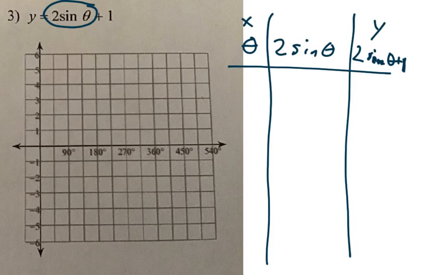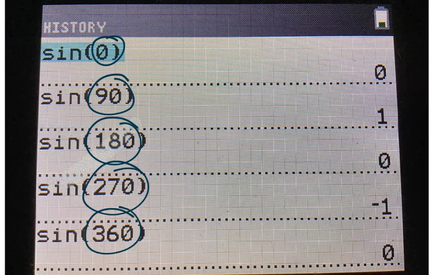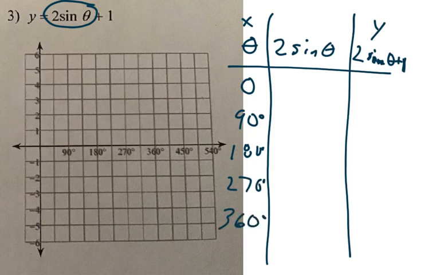But I'm worried that you're going to make a silly mistake, like I may do myself, even if I'm not careful. Now remember, we're going to use the easy degrees that we know that come from the unit circle as well. We're going to count by 90s, basically. So we're going to start at 0, go to 90 degrees, then 180 degrees, then 270 degrees, just counting by 90, back to 360.